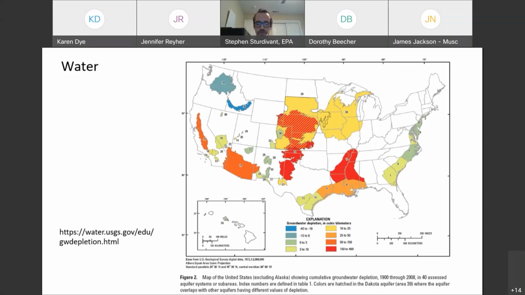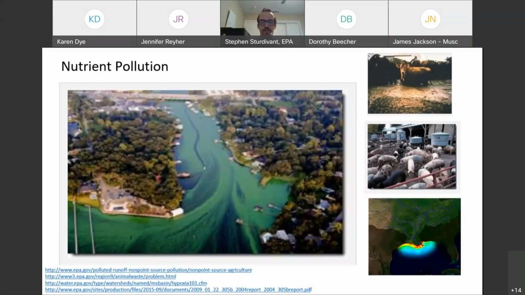So that's important, right? We want to know what's causing this impact so that we know how to address it. So it's food production. It's the irrigation of crops to grow food for humans or food for livestock. And this rate of withdrawal is unsustainable. So we need to address it.